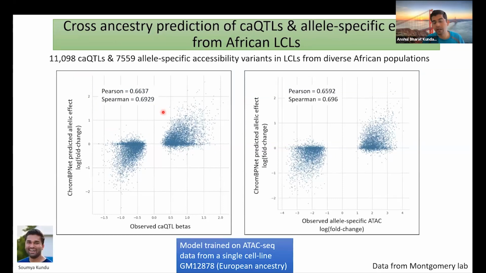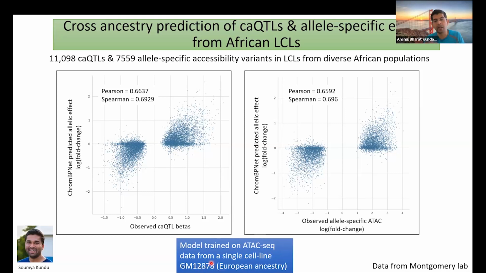We have other validation experiments. For example, we have compared our model's predictions, here on the y-axis, against various chromatin accessibility QTLs from ATAC-seq experiments in a large collection of African individuals in LCLs. We also compare it to allele-specific effects in those same cohorts. And here, the really interesting thing is we've trained our models on a reference ATAC-seq data set from a European individual.